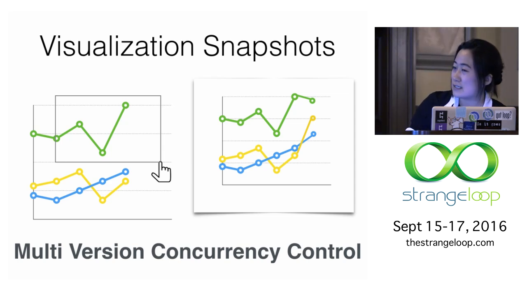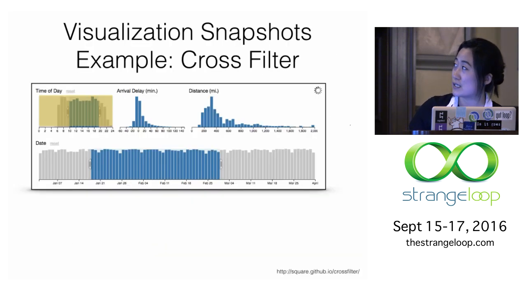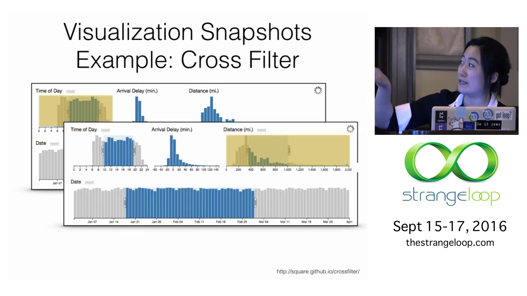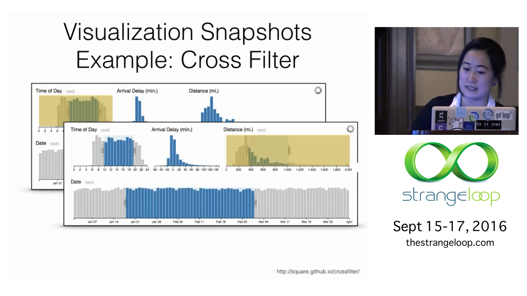That way, we avoid the conflict altogether by writing to a different version. A more exotic and involved application of this visualization snapshot is to apply it to a cross filter. Here the user has selected the time of day, and it's currently being processed. This very busy analyst wants to take another look at what would happen if the filter is additionally based on distance.